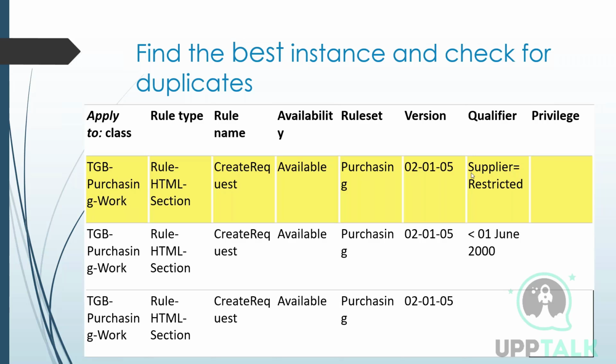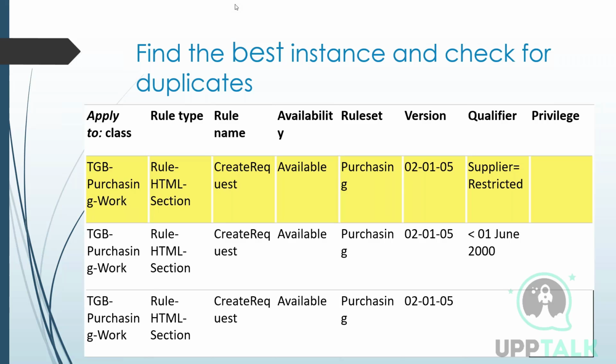If in the given context of the case execution the supplier property is set to restricted, then this highlighted rule is going to be picked. This is completely a context-based thing that the system checks. So if the supplier property is set to restricted, this highlighted rule is picked. If not, if supplier is not restricted, then what happens?